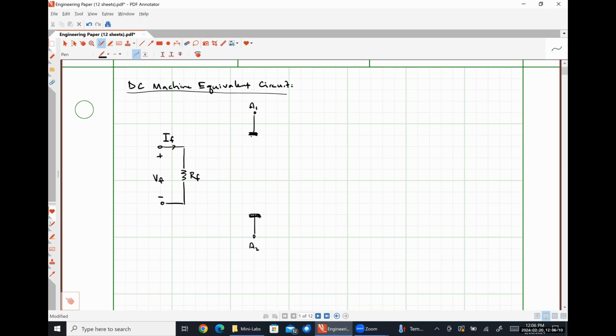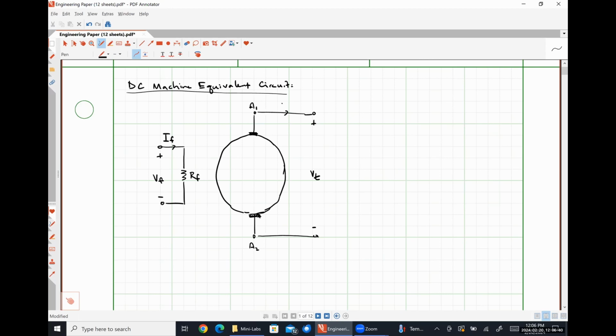And then I'm going to draw a big circle, like so. These terminals right here are the terminals across which I have my voltage VT.